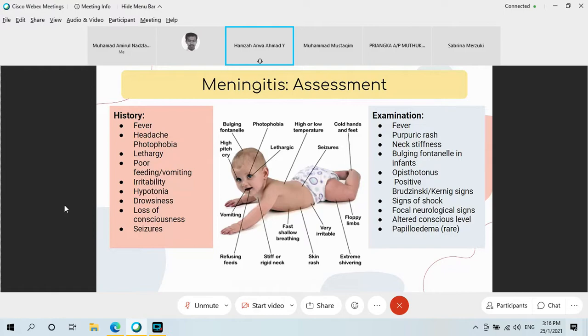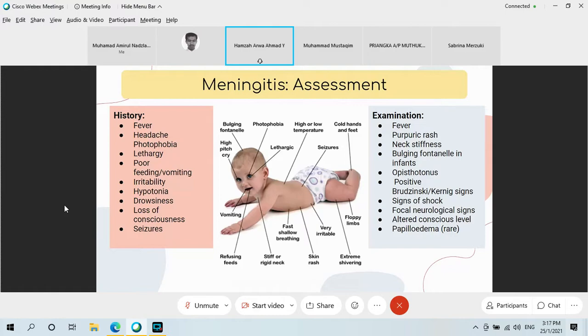And there is opisthotonus, which is a spasm of the muscles causing backward arching of the head, neck and also the spine. And there is going to be a positive Brudzinski and Kernig sign, which is associated with stiffness of the neck. I will show you after this.